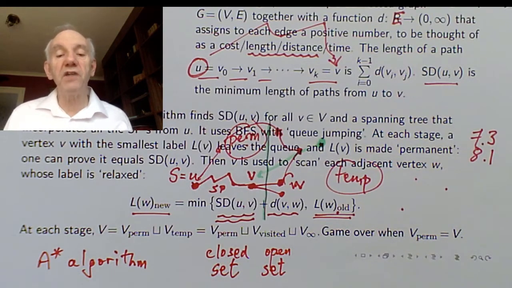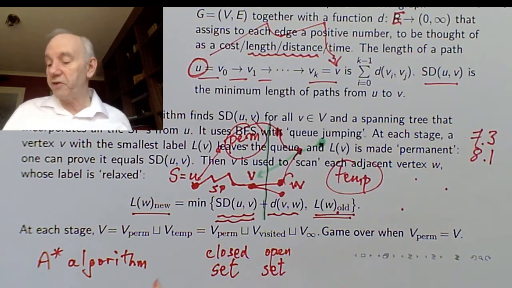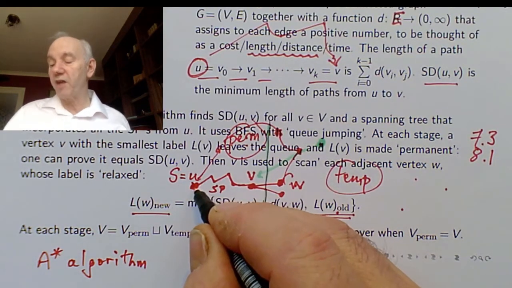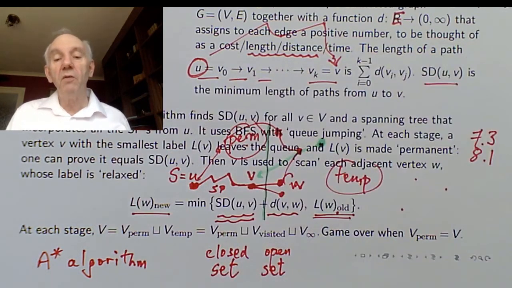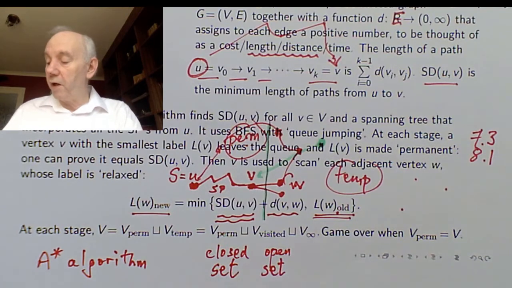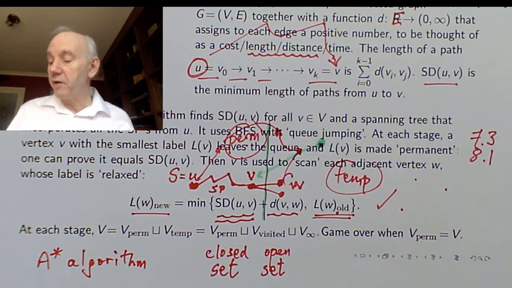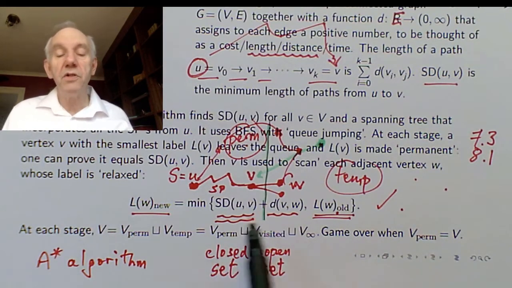And then there are the vertices which you haven't even seen. At the start, we only start with you, and every other vertex is unvisited. What one does formally is give them a label of infinity, so that this formula works. Because if all the other vertices start with infinity, then as soon as you scan one, the minimum will be that new value.